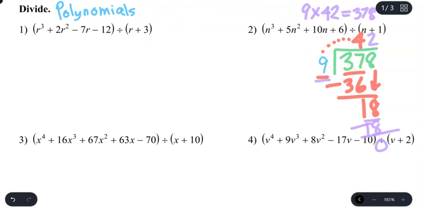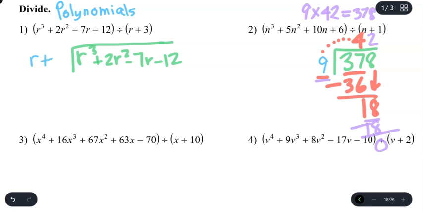So I have r cubed plus 2r squared minus 7r minus 12, divided by r plus 3. Do you see how I wrote it the same way?